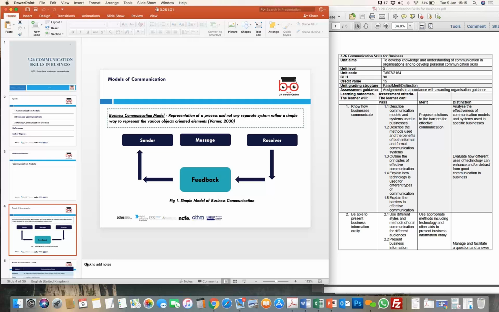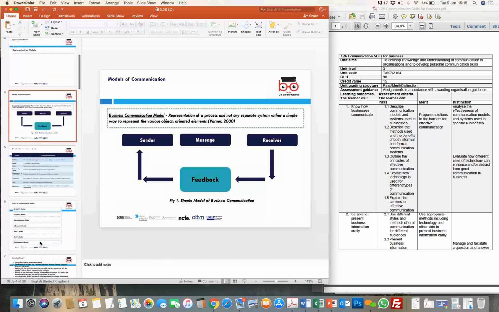Right. Okay. Now, when we look at the definition of communication, it is also a representation through this process which you see on the slide, and none of these components can work alone.